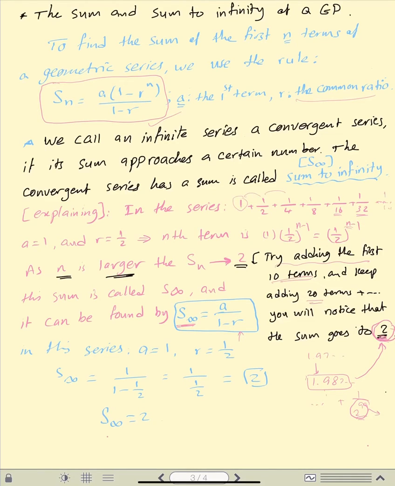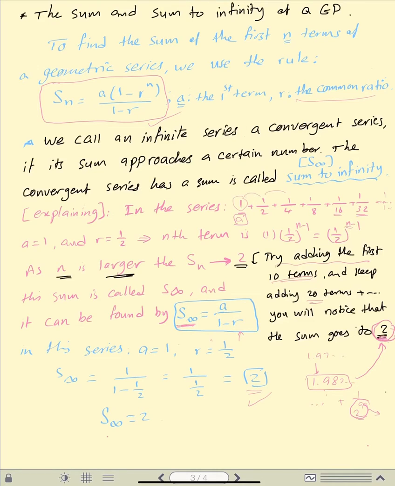In this series, a, the first term, is 1, and r is a half. Replace these values in this formula. S infinity is 1 over 1 minus a half, and 1 divided by a half is 2. So the sum of this series is 2.